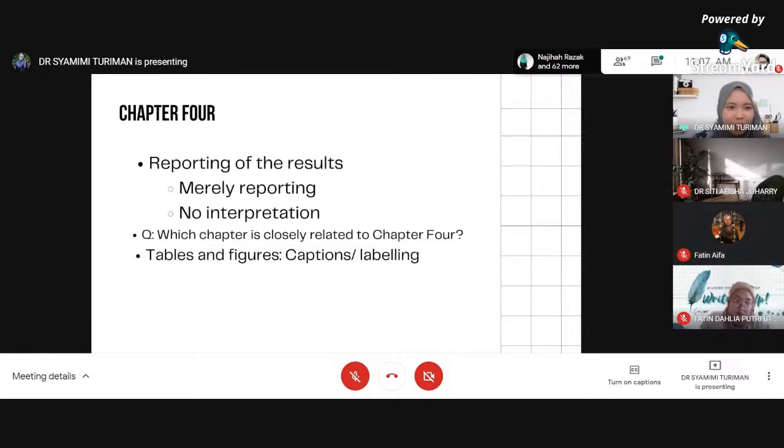I also asked which chapter is closely related to chapter 4, and a lot of you figured out chapter 2. Also, chapter 4 can be really messed up and complicated if you don't have the tables and figures captioned or labeled well, so please make sure you have that.